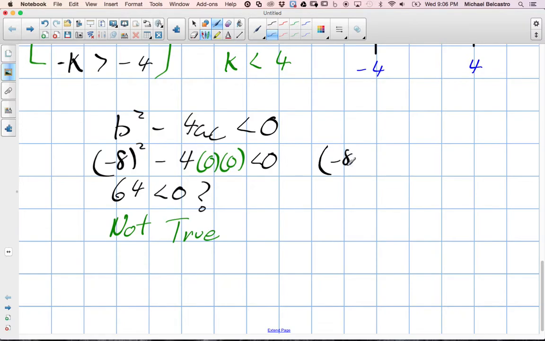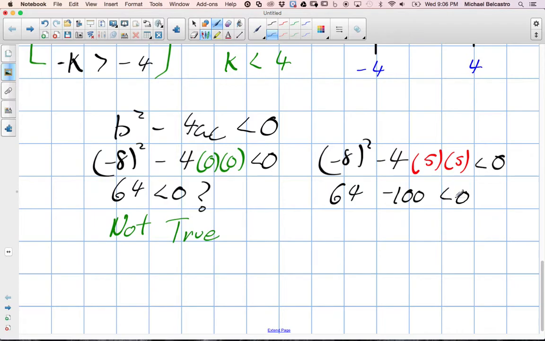So let's test our other one. We know it's negative 8 squared minus 4 times, let's use positive 5, and it was positive 5 times positive 5, and we knew it had to be less than 0. This becomes 64. 5 times 5 is 25, times negative 4 is minus 100, less than 0.